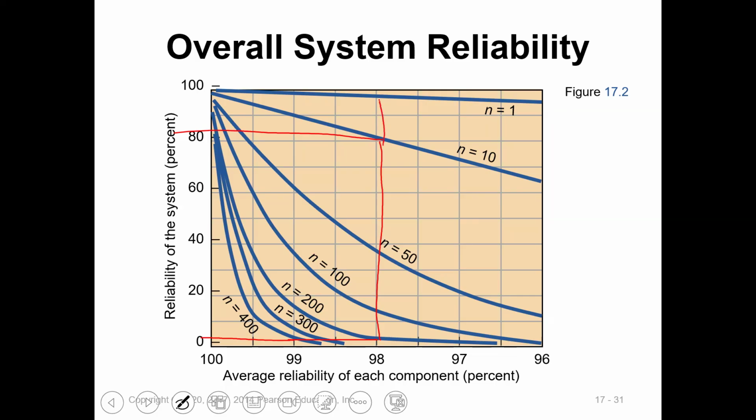If you have one component, the reliability would be the same, 98. So that means the more components we have, the less reliable the system will be. The more reliable the components, the more reliable the system. That's the meaning of this figure 17.2. So that applies to all systems. And you notice that many people say, oh, the old cars are more reliable than new cars.